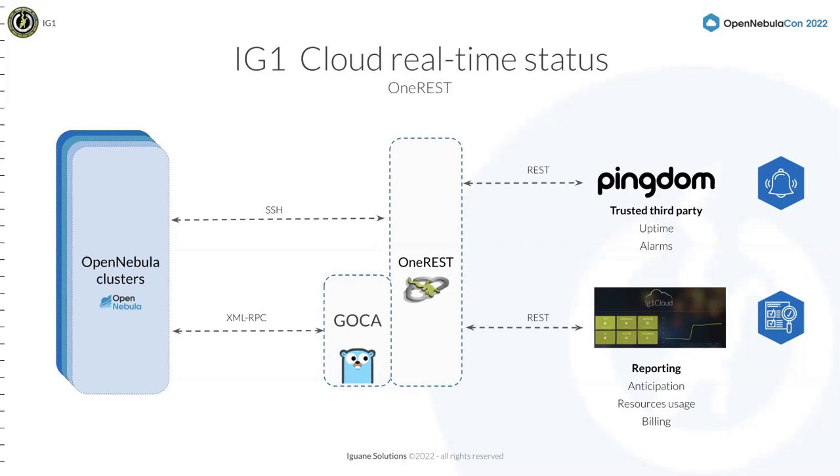And also, the major one, we used Pingdom as the third-party solution to have external monitoring on our cloud and also our infrastructure. And we wanted to use Pingdom to test OpenNebula without opening Sunstone directly. And also to not only manage Sunstone availability, we wanted to know exactly the cluster status we have.